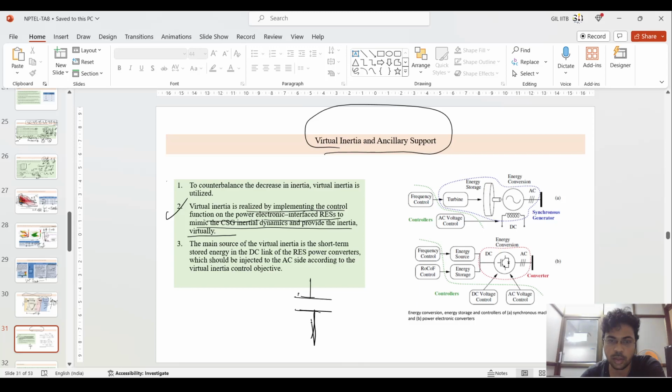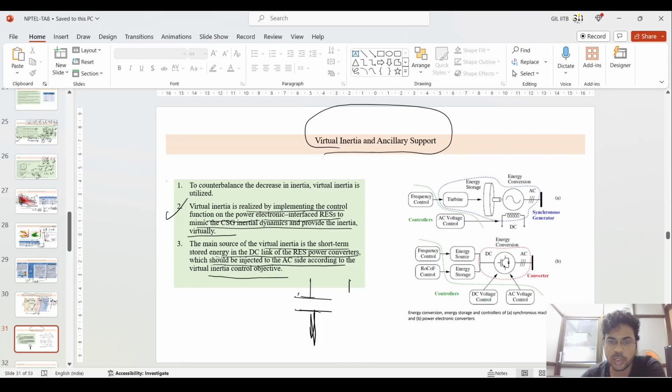In this situation, you have a certain DC link in between this interconnector and these inverter-based DGs. Virtual inertia is the short-term stored energy in the DC link of the RES power converters, which should be injected to the AC side according to the virtual inertia control objective.